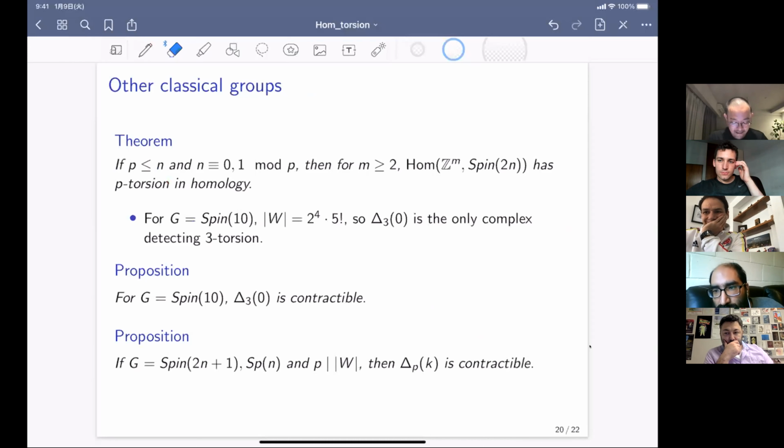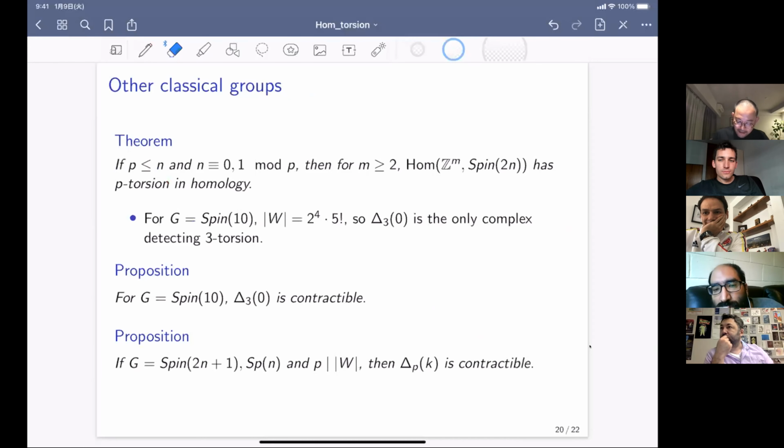This just says that my technique doesn't work. And actually, in the case of Spin(2n+1) and Sp(n), we have the same problem, our complexes are contractible too. This is also seen by discrete Morse theory.